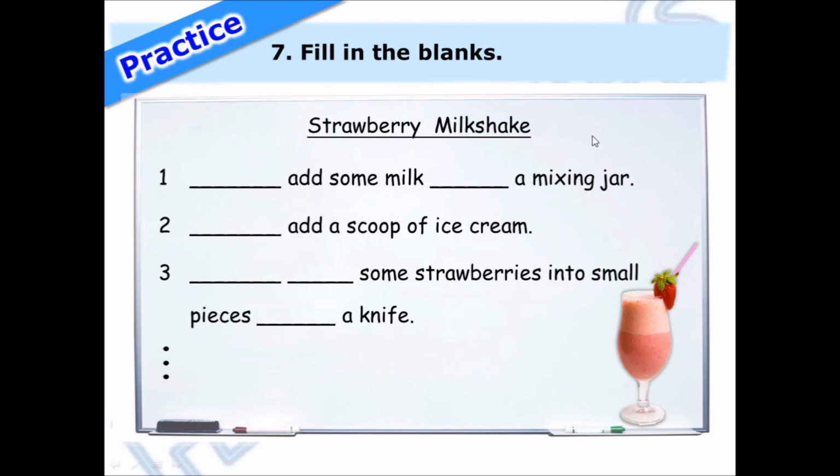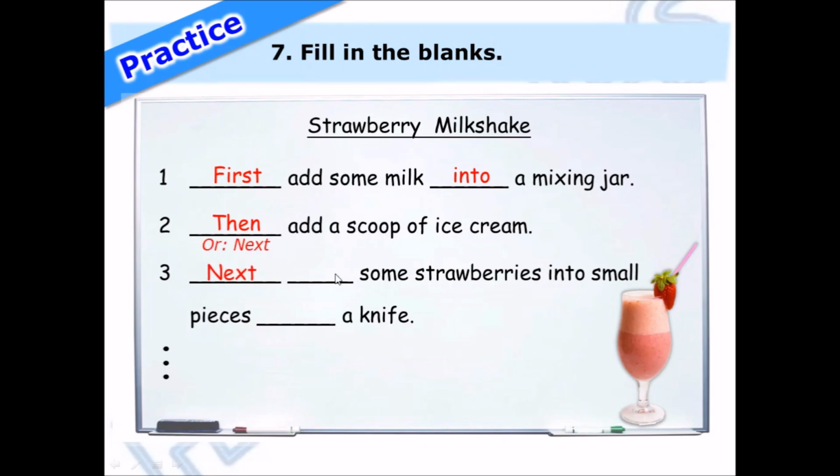We have another example of a recipe: strawberry milkshake. Step 1. First, add some milk into a mixing jar. Into, on or with? Correct, into. Next, or then, add a scoop of ice cream.